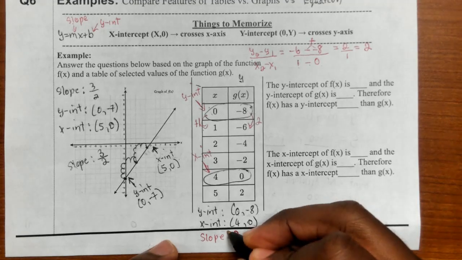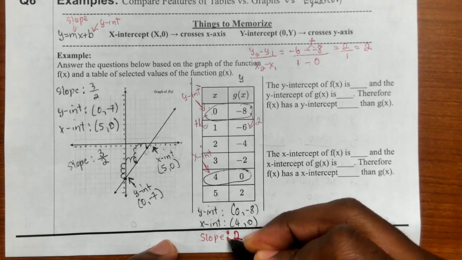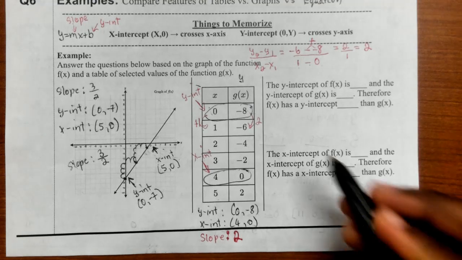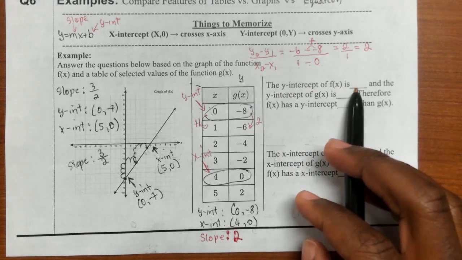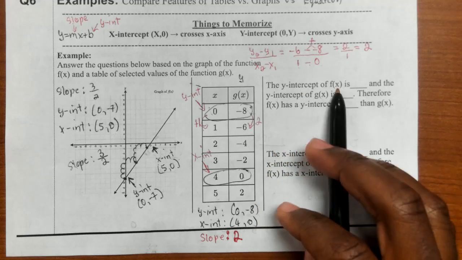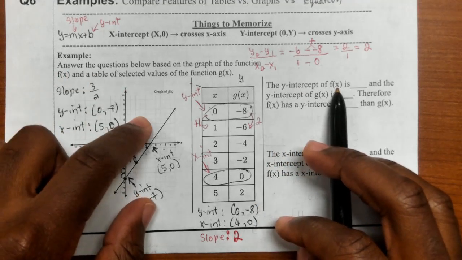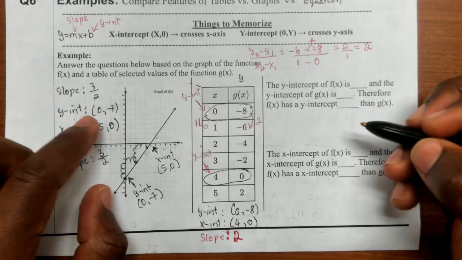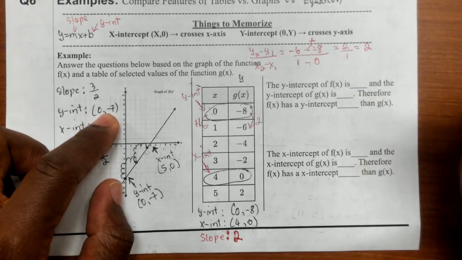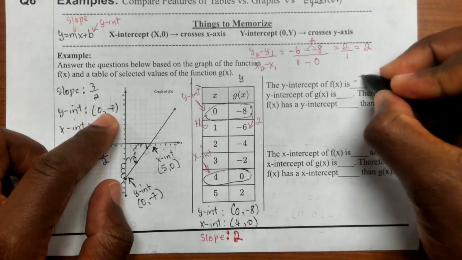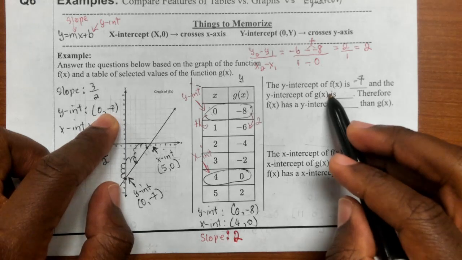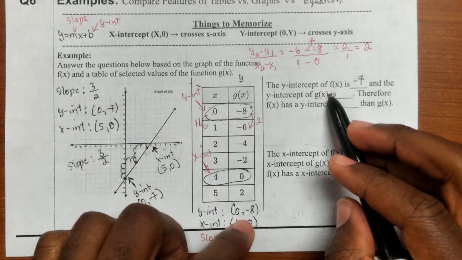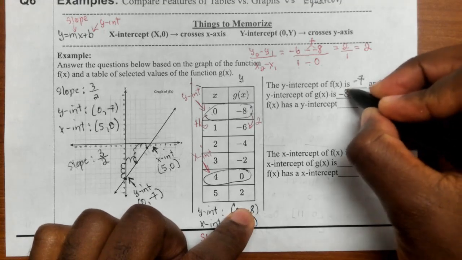Now we're going to compare a few things. It says the y-intercept of the function is dash. The y-intercept of f of x, the graph, is -7. The y-intercept of g of x, this function right here, is -8.